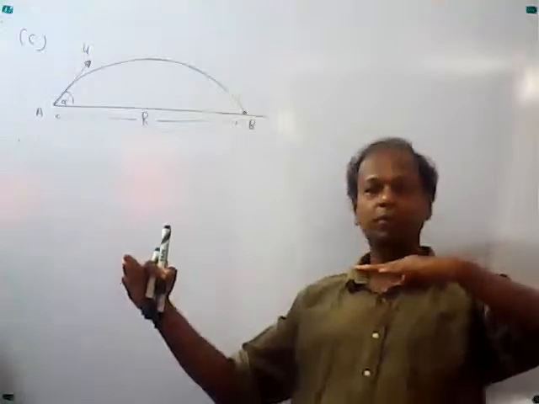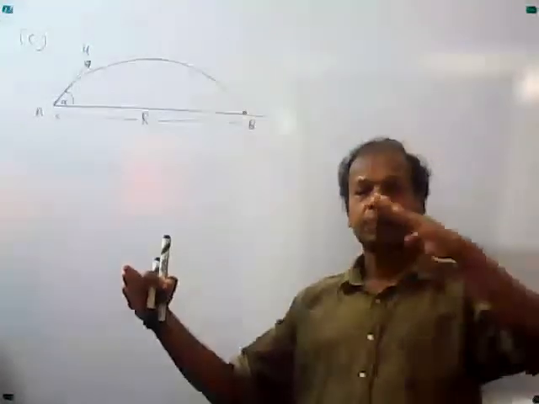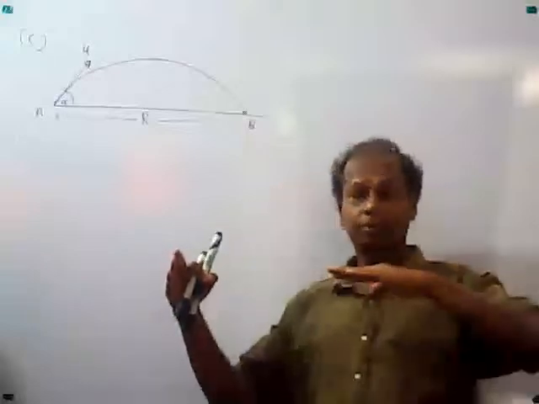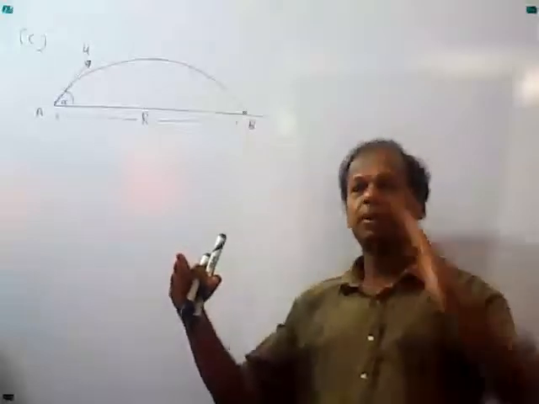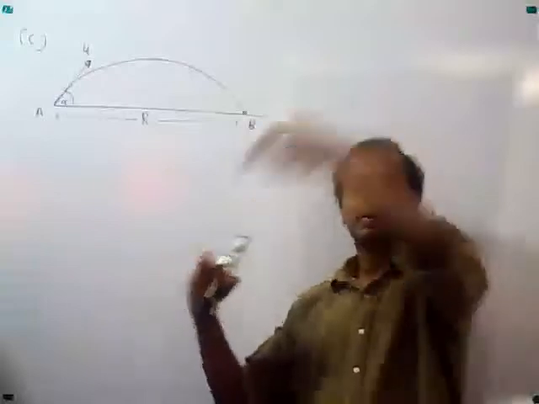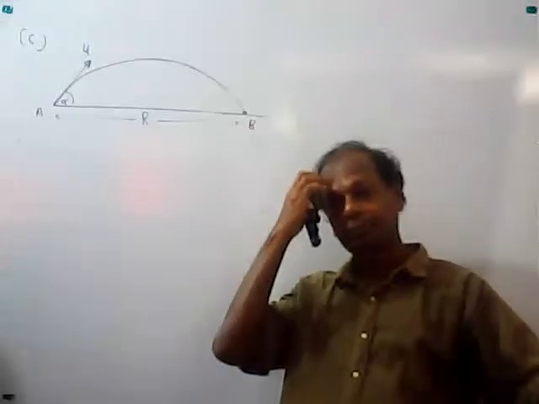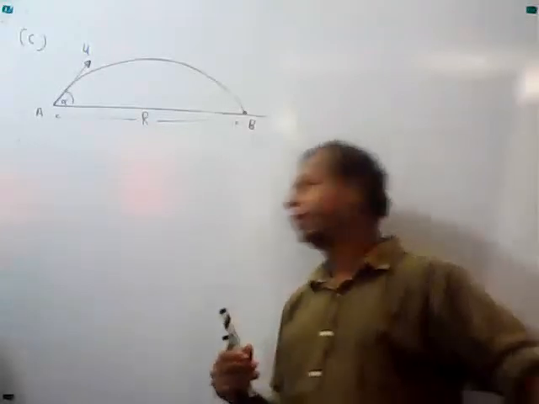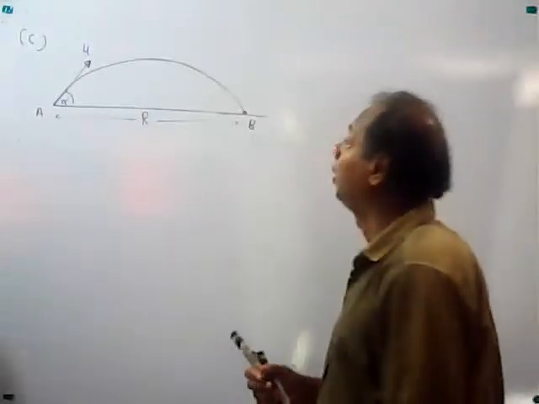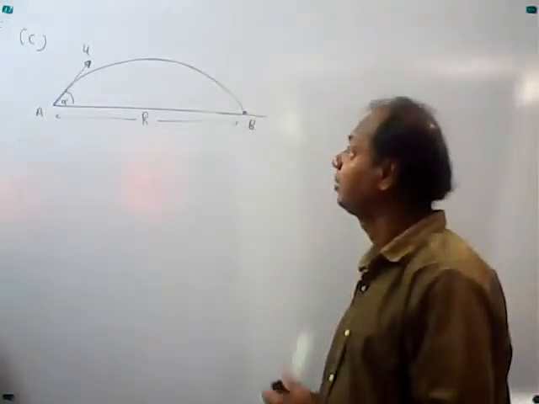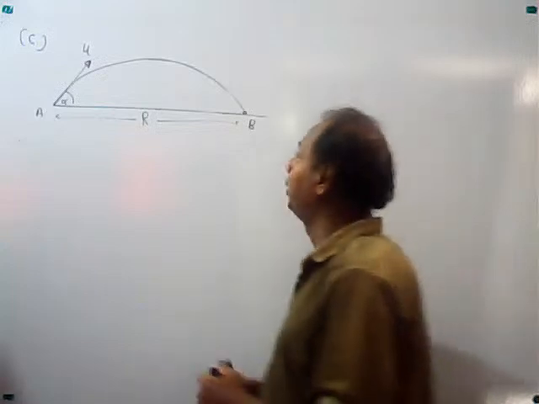We are asked to show that there are two angles possible. So you are projecting at the same speed, the particle will reach the same point. That means alpha has two distinct values. That's what we are going to prove in part C. That's the theory part.